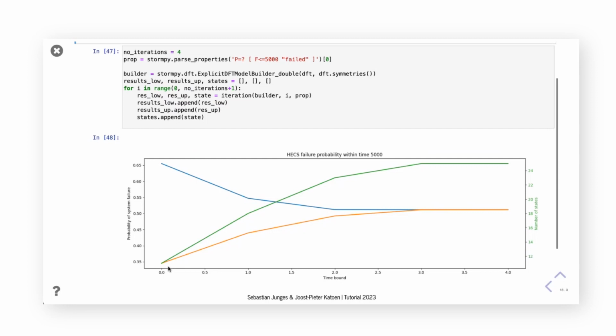In the first iteration, we build the first 18 states on the right, and that leads to a lower bound and an upper bound between 0.4 and 0.55% of system failure. Now we can continue our system building, and then we obtain already quite tight results. If we continue, we eventually build the full state space here of 25 states, which also yields a perfect result.